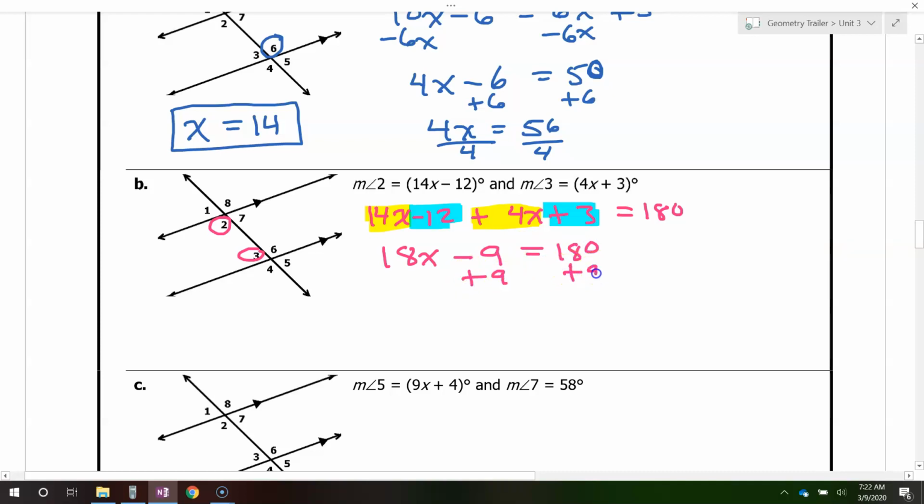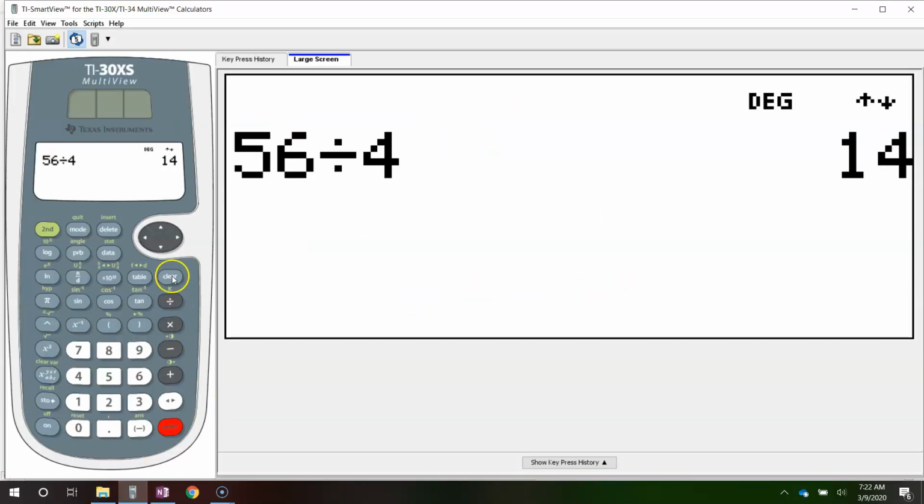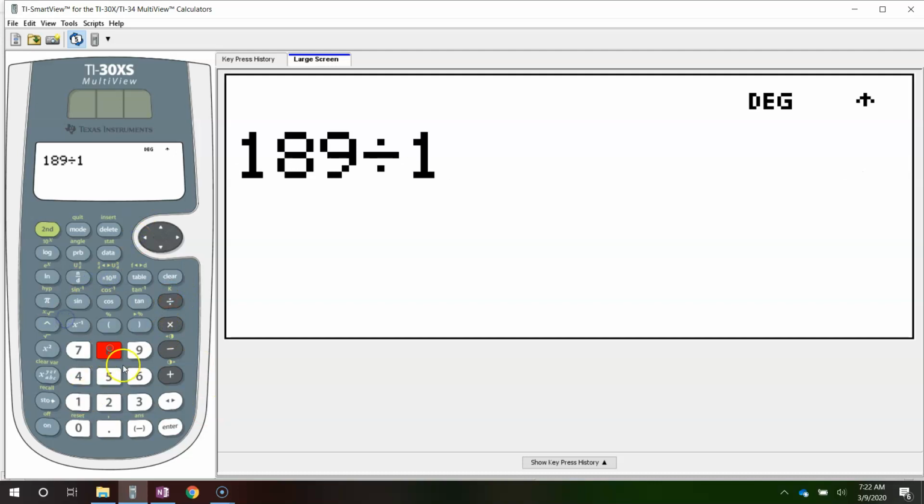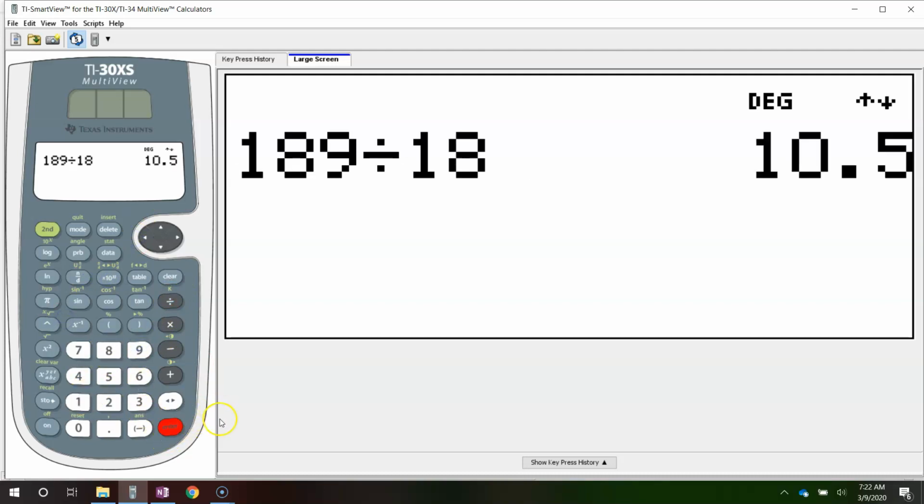Add 9 to both sides, you get 18x is equal to 189. Divide both sides by 18. And that's 10.5.